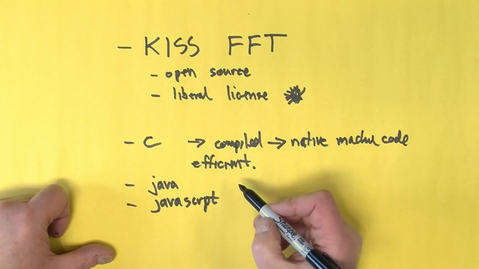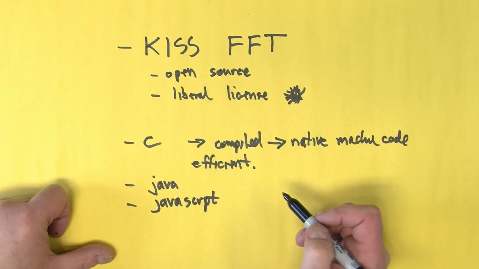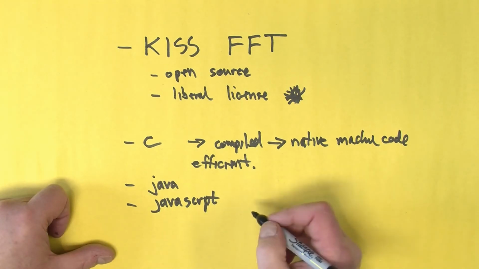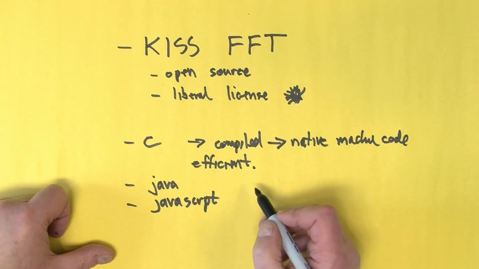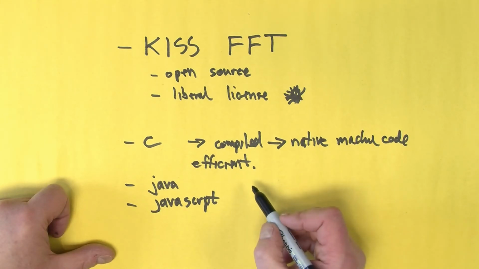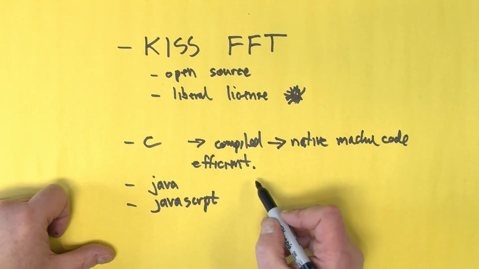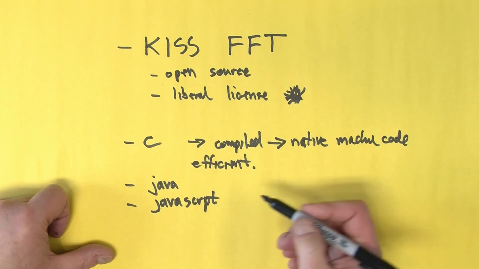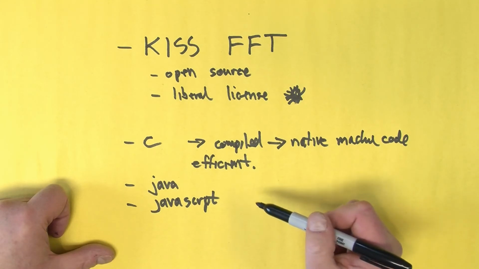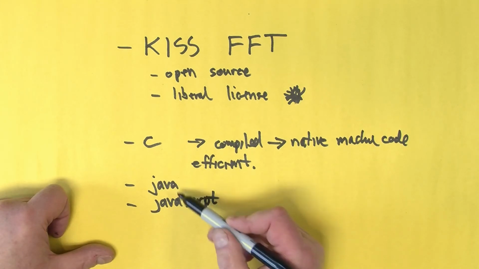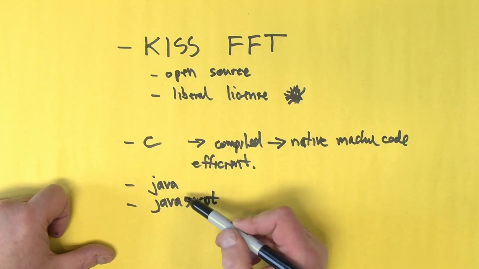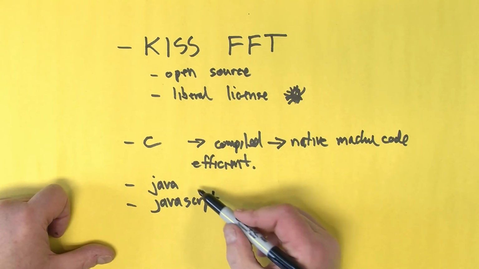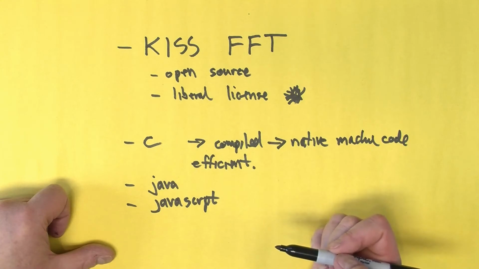Now, it all depends on what you're doing as to whether that's important or not. If you're only handling a few hundred points and doing it once to get a spectrum, in fact, the FFT written directly in each of these two languages will work, and people, I believe, have ported KISS to both those languages directly.